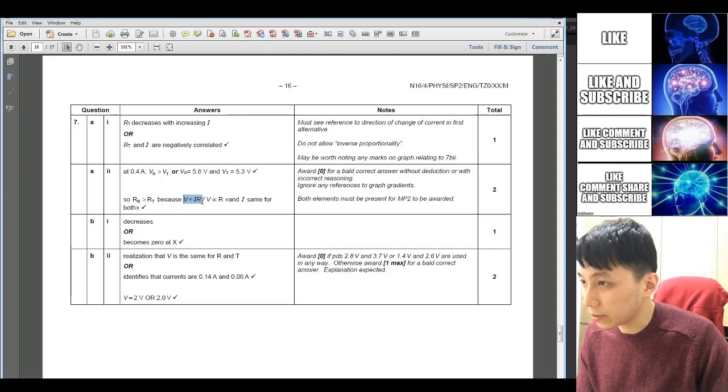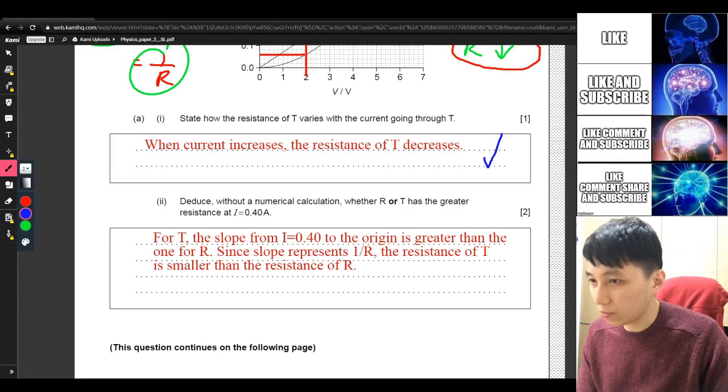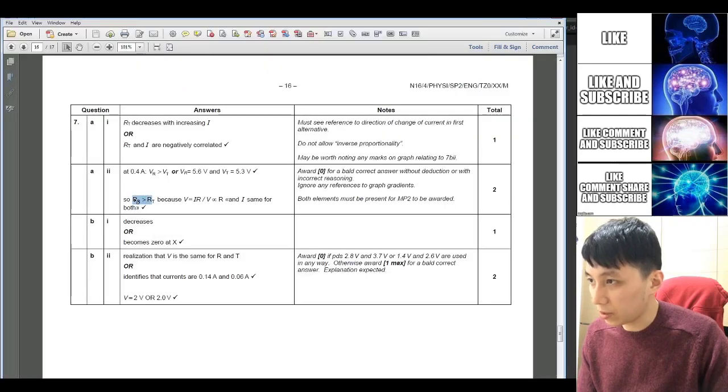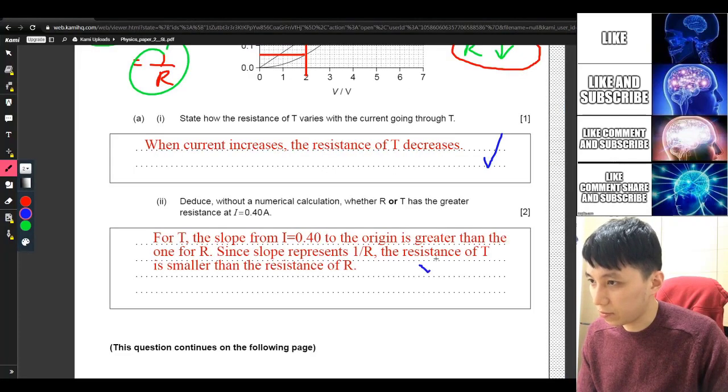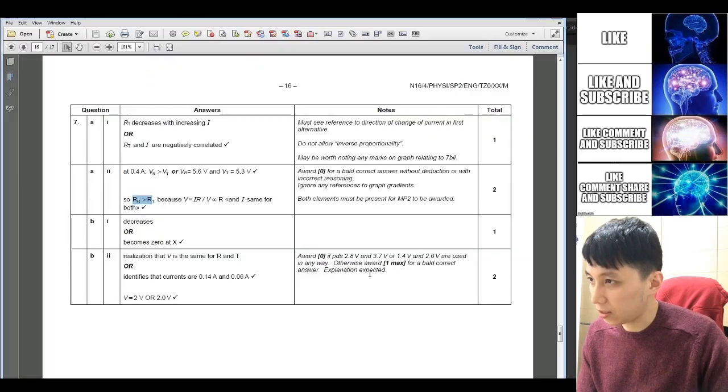I think you can talk about this one. V equals IR or V proportional R. Okay. So I feel the way that I said should be correct. Or at least the judgment, right, which one is bigger is correct. So I feel the way that I said here should also be correct.